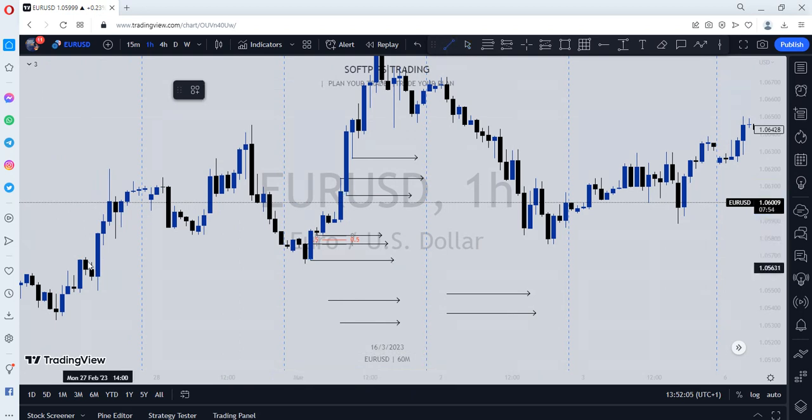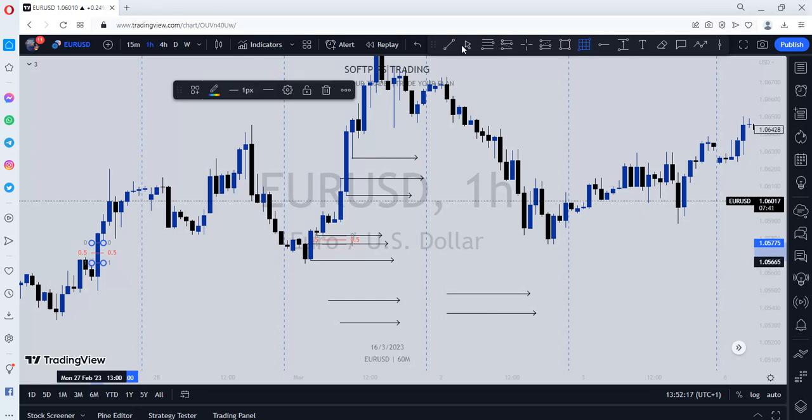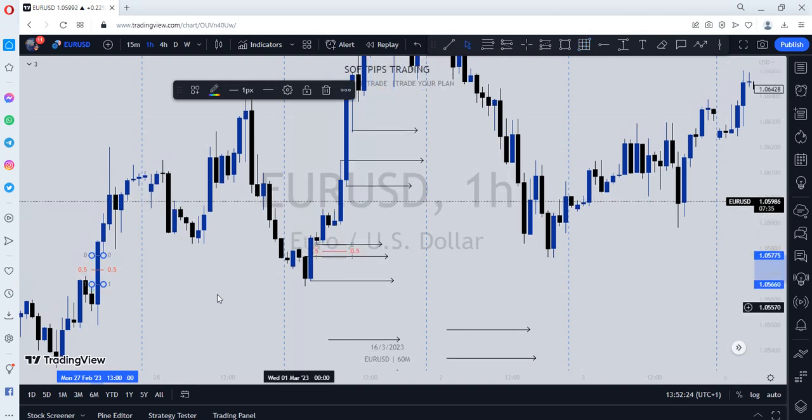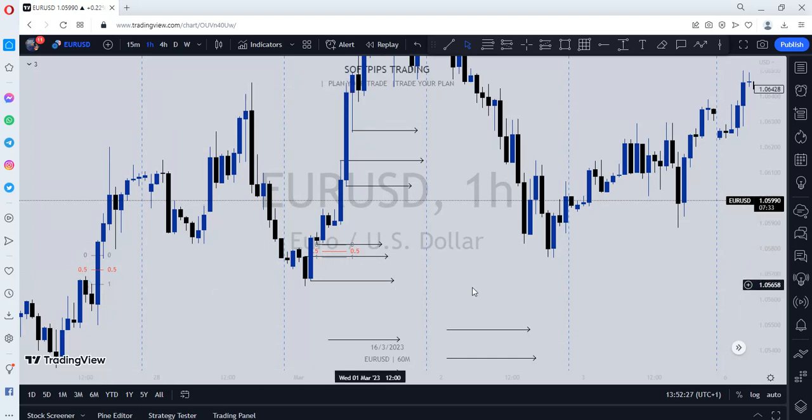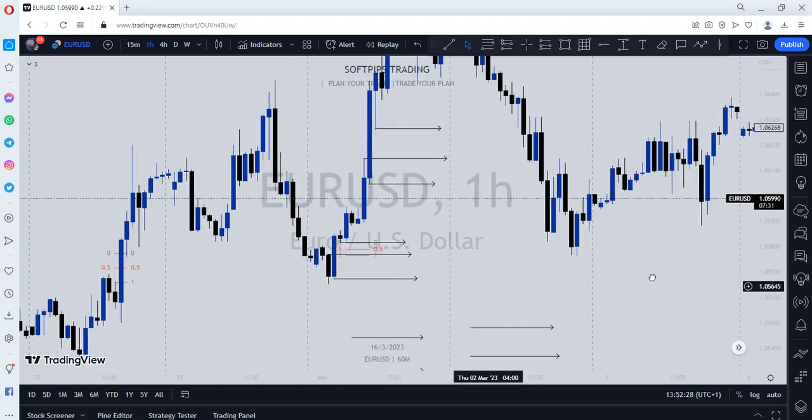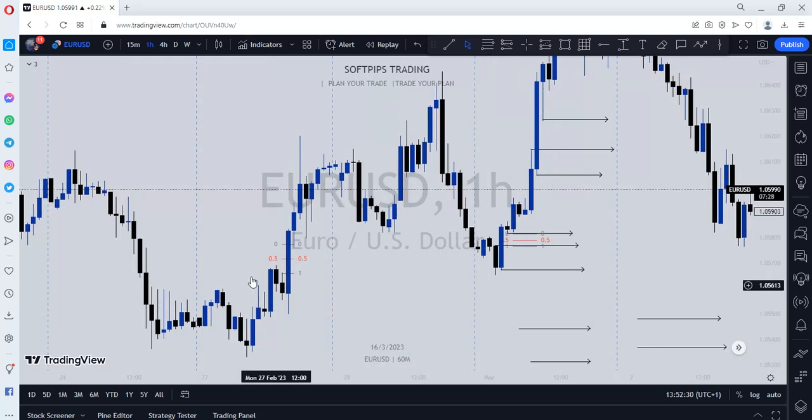You see now, I think this was lying, we'll have fair value gap here. It's just the same thing. Just look at how the market keeps repeating itself. You see, same thing here.